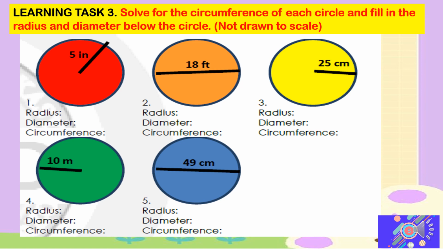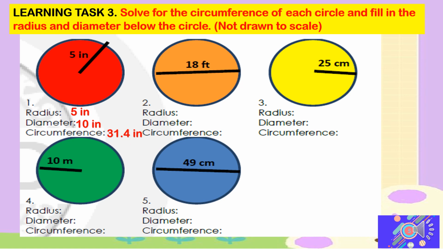So for number 1, the radius is 5 inches. The diameter is 10 inches. Okay, so remember that diameter is twice the radius. And then the circumference is 31.4 inches.